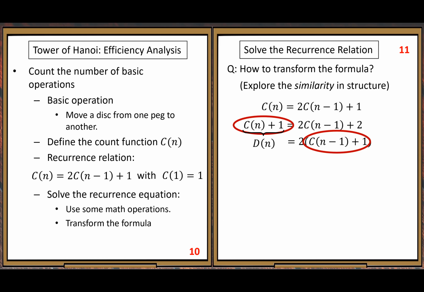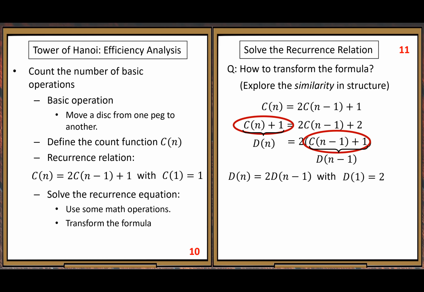Then this parenthesis part is just D of n minus 1. We introduce a new function and we can make our original recurrence relation simpler, because the plus 1 is gone.